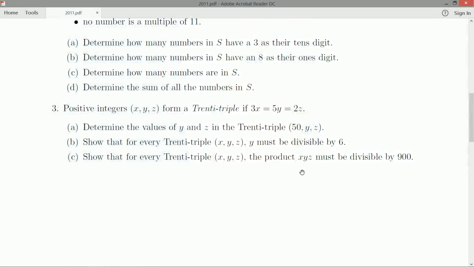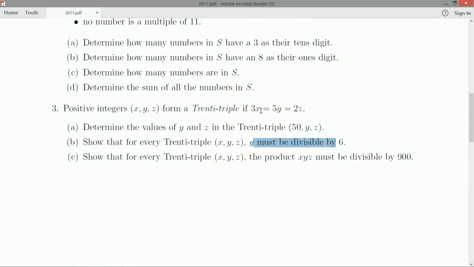Now, for the 900, I'm thinking here, we know in B part y has to be divisible by 6, but why did we just do that with y? You know, we can't actually guarantee that x is going to be divisible by 6, but we can use the exact same reasoning. We'll have to write it up a bit. The reason we had 6 divide y is because we had the 3 and the 2 here.